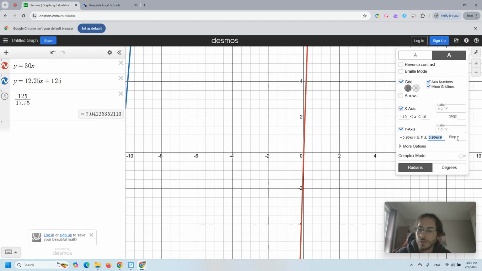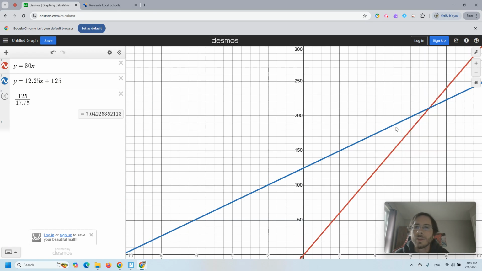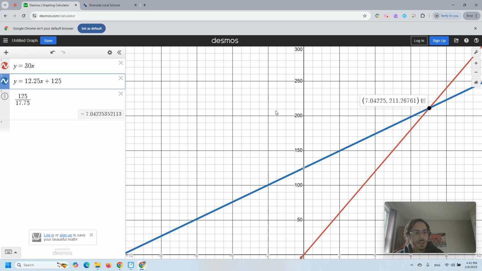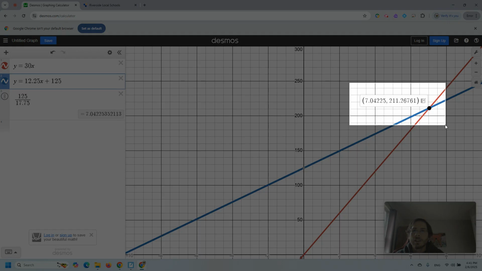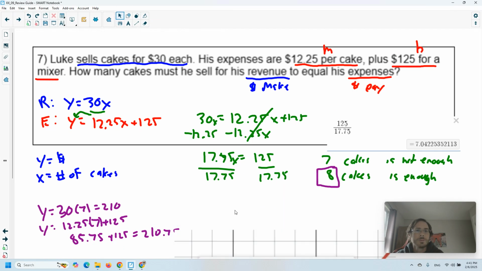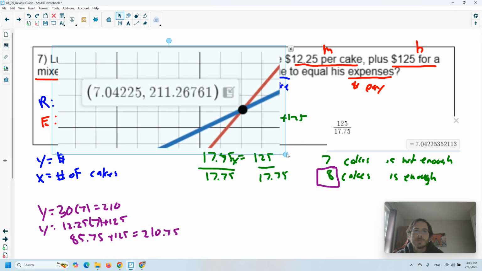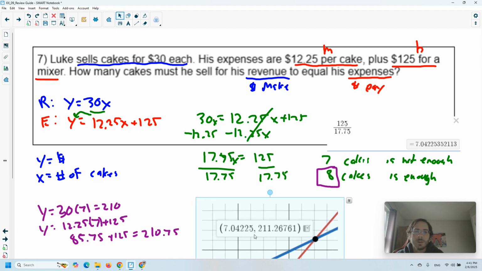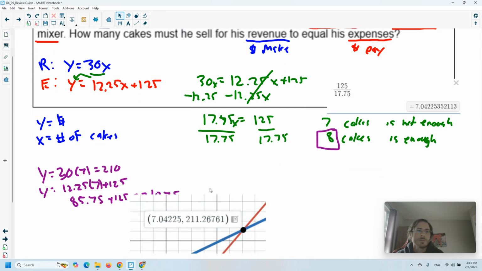I know we've got to make like 200 bucks, so let's go out to $300, and we can see, yeah, there's the intersection. And yep, that makes sense. So 7.04 cakes is about $211, and that matches with what we had. So 210 wouldn't be enough, so we need that extra dollar for that extra little piece of a cake. If you wanted to solve it with a graph, you're more than welcome to. And we can see we get that same 7.04 answer. So either way we do it, it still works out.